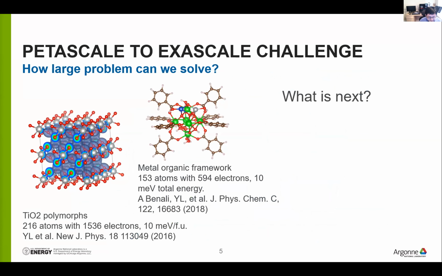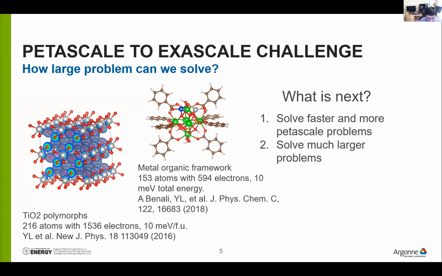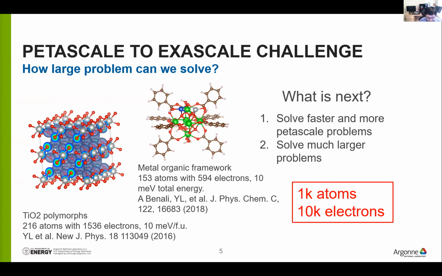On today's petascale machines, my experience with QMC is I can comfortably do a system with roughly a few hundred to 1,000 electrons. So what's next? We would go for exascale. We clearly want to go to much larger problem sizes.